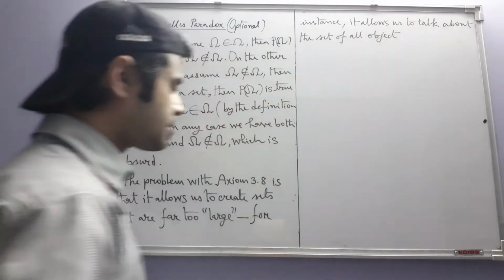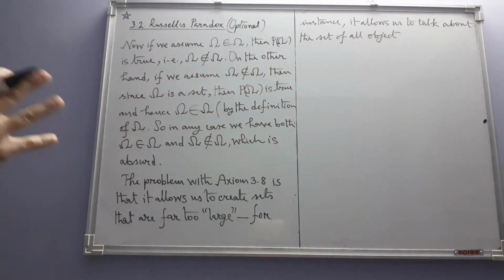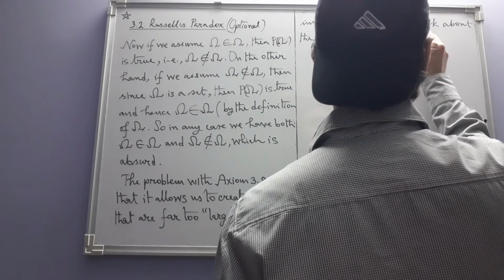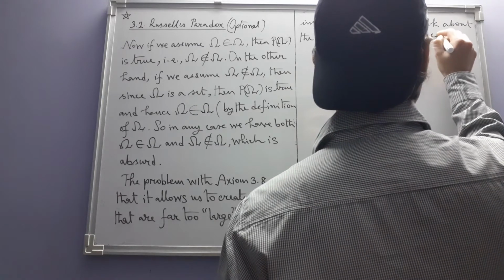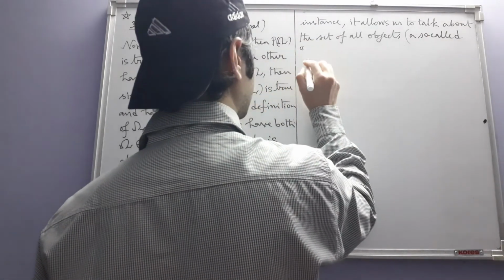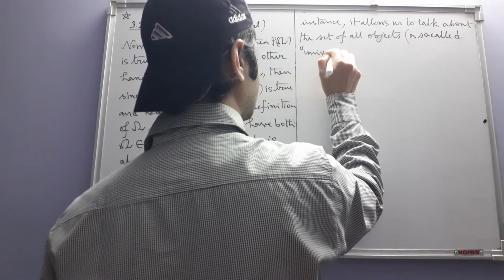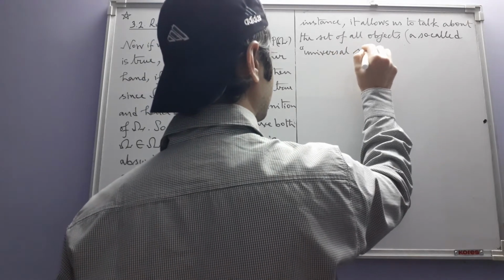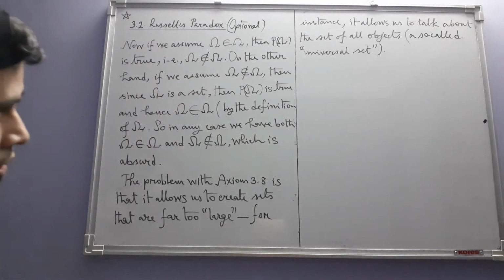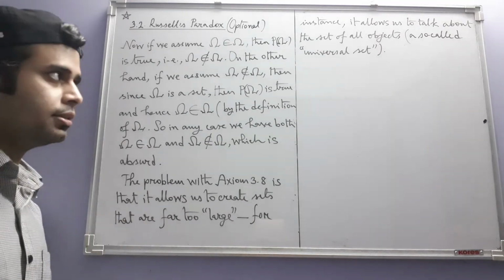This is even worse than the set of all sets. According to this axiom, there is a set of all objects, that is the largest set possible according to this axiom. The set of all objects is the so-called universal set. And clearly, just like Russell's paradox, that set will also eventually create some sort of absurdities like this.